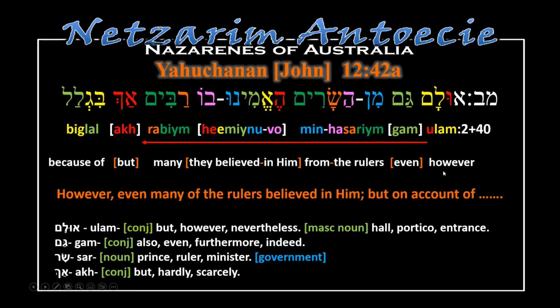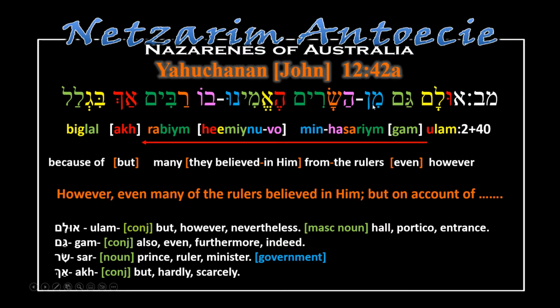So it's however. Gam can be even. Now, gam is a conjunction also, which is interesting. Two conjunctions together. And it can mean also, even, furthermore, indeed. So I've chosen even in this case. However, even.